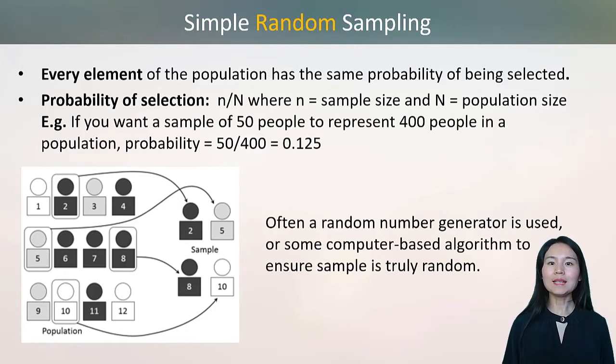This probability equals the sample size, n, divided by the population size, capital N. For example, if you want to sample 50 people from 400 people in a population, the probability of each person getting selected is 50 divided by 400, which equals 0.125.